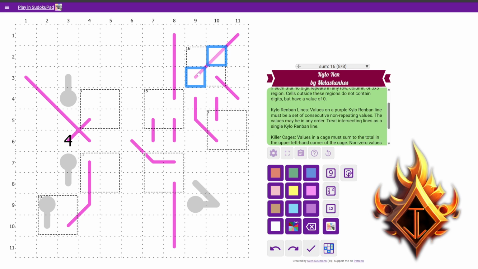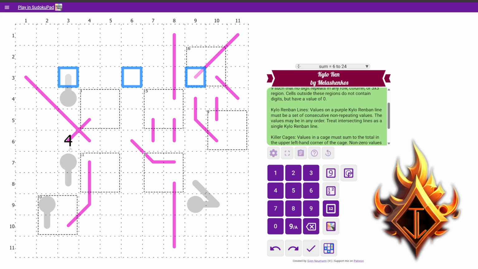Oh, another thing, on these 11 by 11s, there's spots here that are forced to be in a 3 by 3 box.